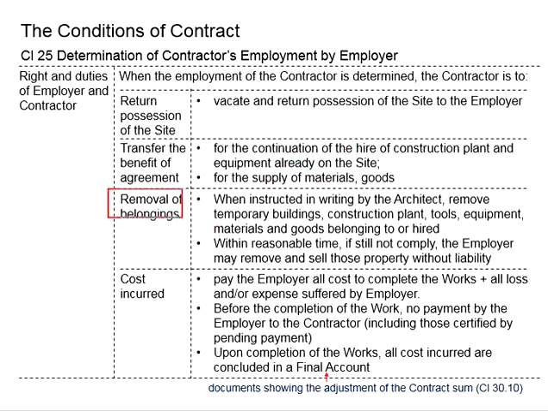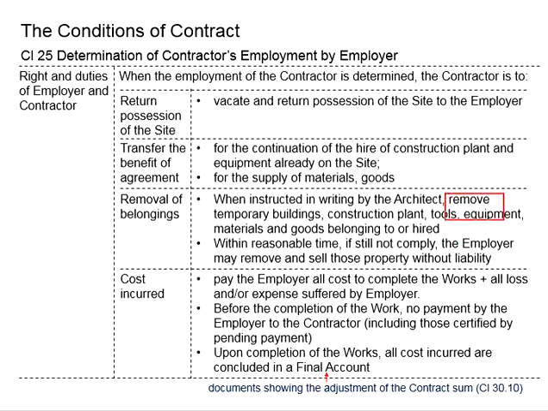Next, it will be the removal of the belongings of the contractor. This happens when it is instructed by the architect to remove the temporary buildings, construction plants, tools, equipment, materials and goods belonging to or hired by the contractor.